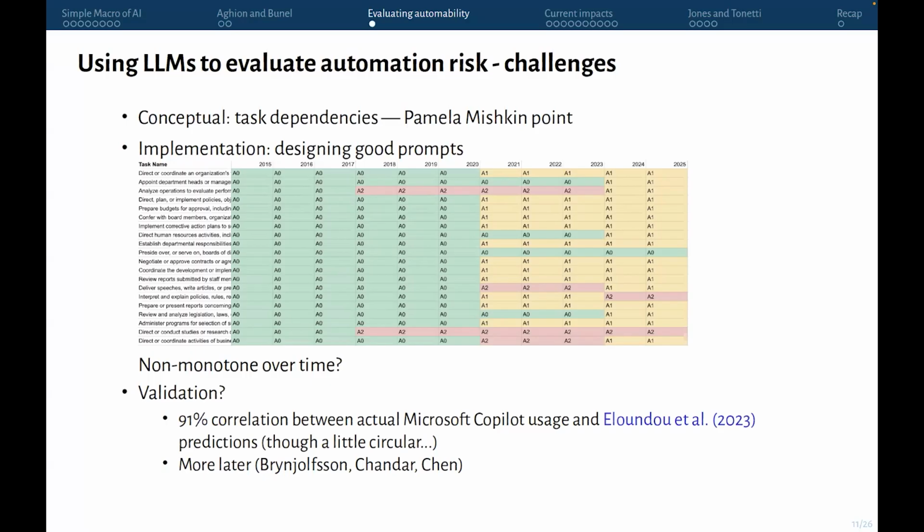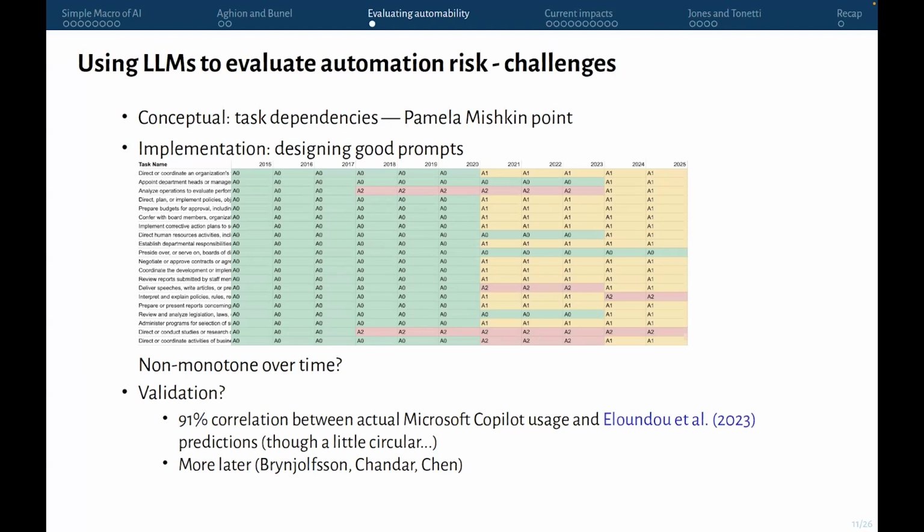The other thing I want to mention is that so far, at least, there hasn't been a lot of validation on whether these things correlate with real economic outcomes. One maybe exception is this recent paper that was studying Microsoft Copilot usage and then correlating it with the Eloundou et al. measures. And they actually did find a very strong correlation.